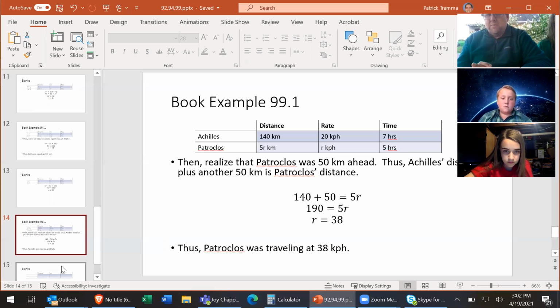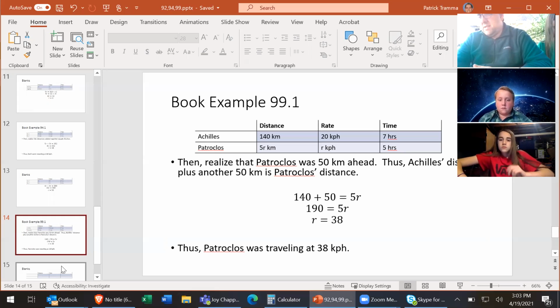So Achilles was 140 plus an extra 50 equals Patroklos, which is 5R. So that's how we set up that equation. 140 plus 50 equals 5R. You get how we did that? The 50 was listed in the word problem. That's why we added 50. So that was that there.